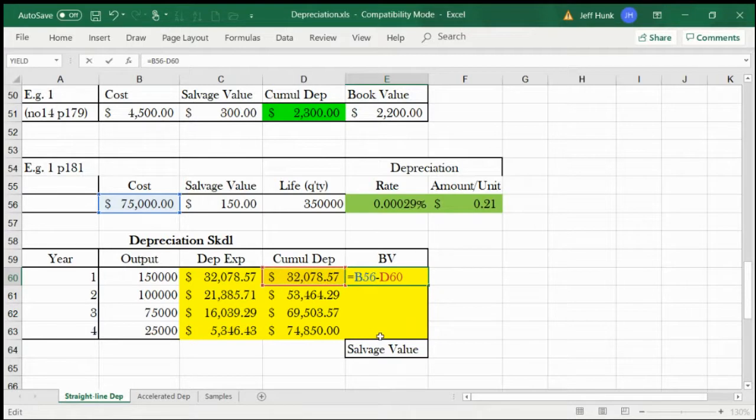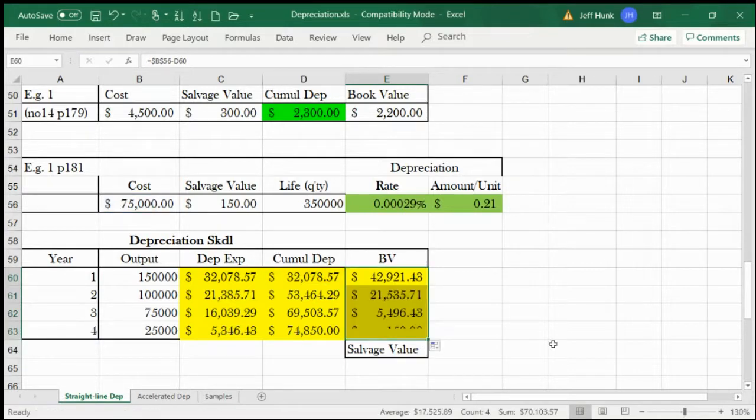Since the purchase cost will be repeated over and over, we lock it by hitting F4, and we drag it down. And voila, what do you see? The book value at the end of the last year is exactly equal to the salvage value. So it checks out, exactly checks out.